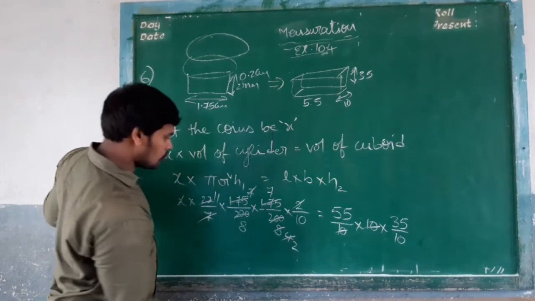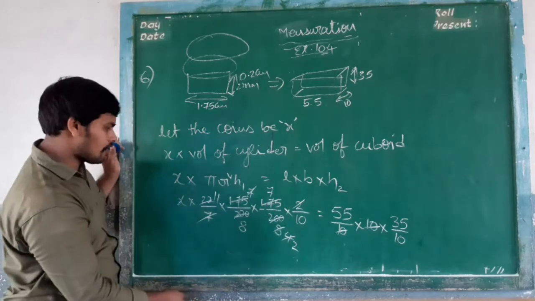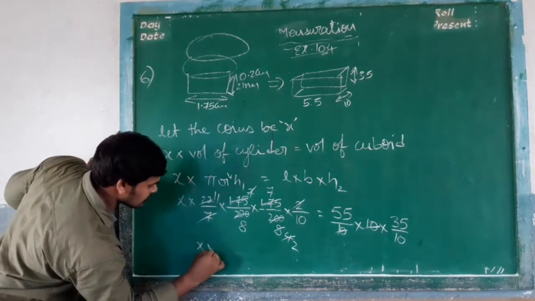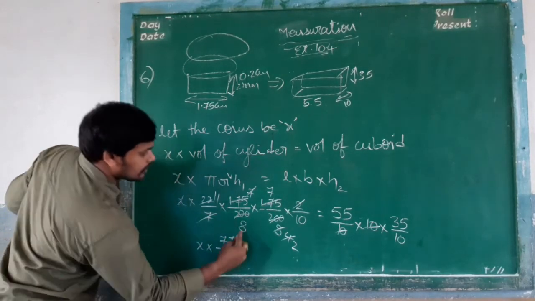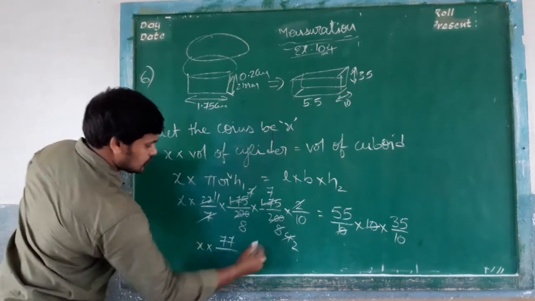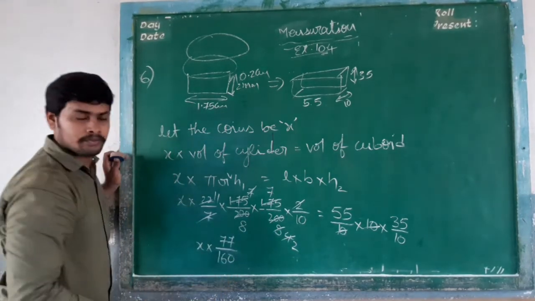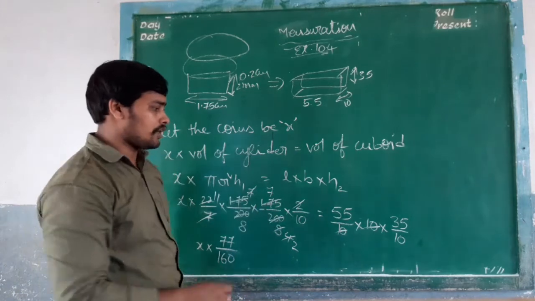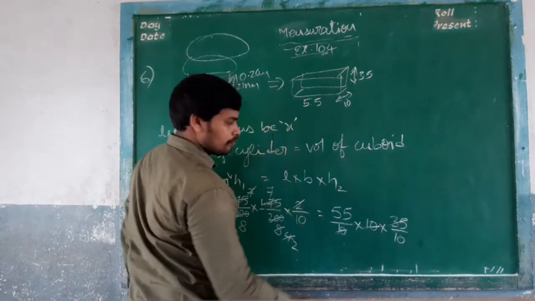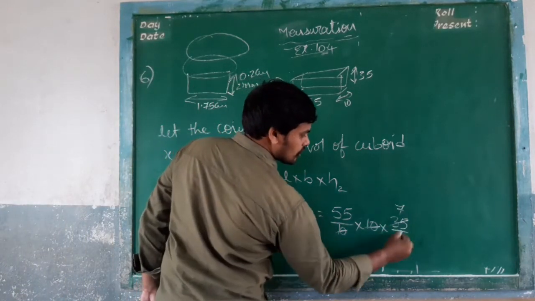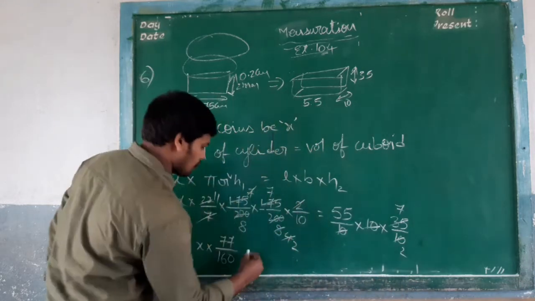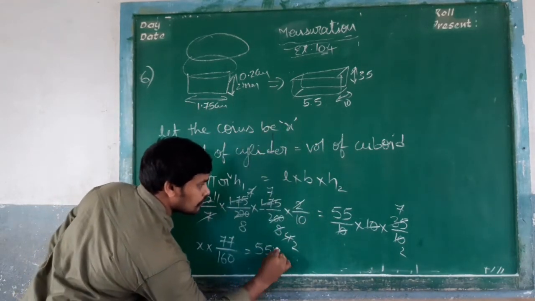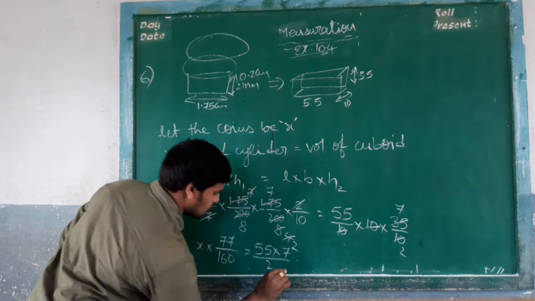And it is 2 times. 11 7 is 77. Next, equal to 77 by 16 into 10, 160. Okay. That equals 150. In the 5 table, 7 times, 5 table 2 times. 55, that equals 55 into 7 by 2.